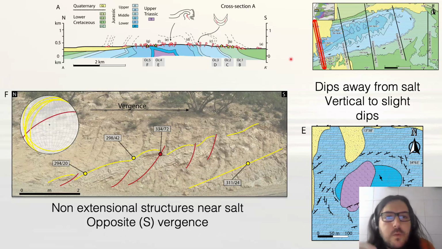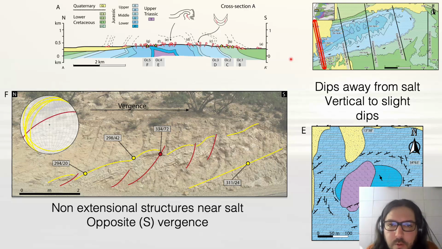So now I will show a couple of observations near the salt. The Upper Triassic salts are seen outcropping in a circular depression of approximately 1 kilometer of diameter in this region of the Anticline. The Jurassic rocks around that salt, and this is seen here on the right, dip consistently away from the salt in an overall concentric configuration.